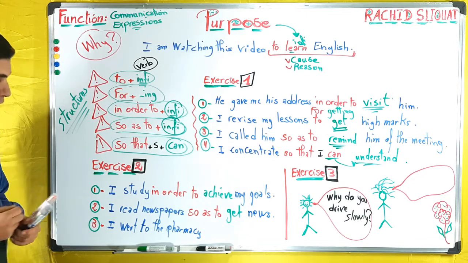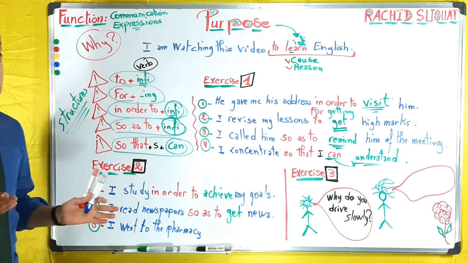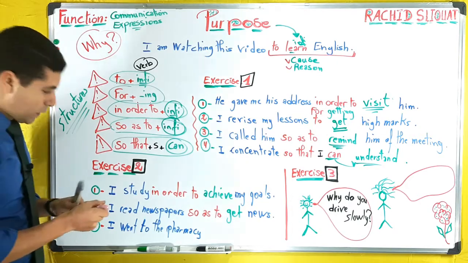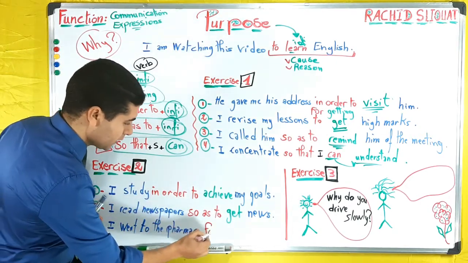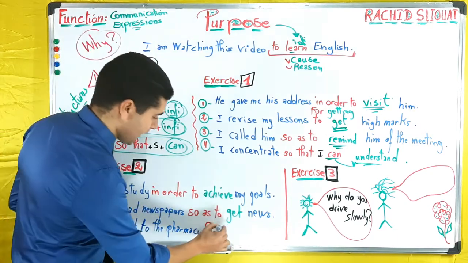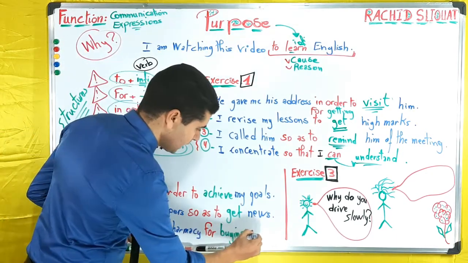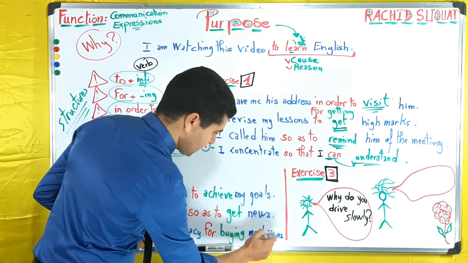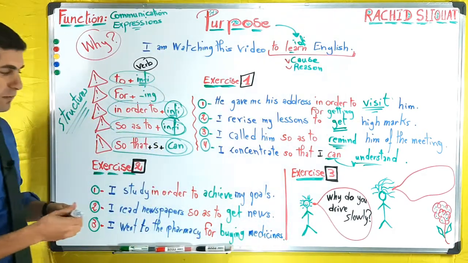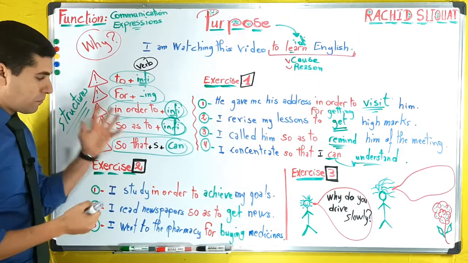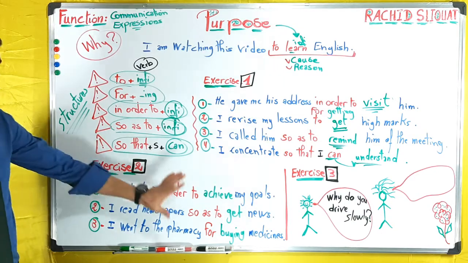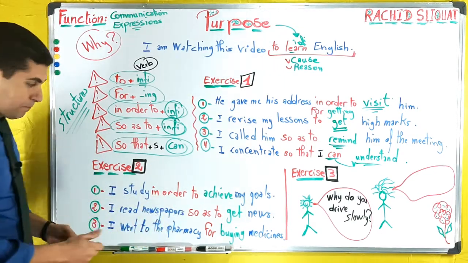I went to the pharmacy. Why did you go to the pharmacy? Here again, very simple. We can say I went to the pharmacy for buying medicines. Or I went to the pharmacy to buy medicines, in order to buy medicines, okay?